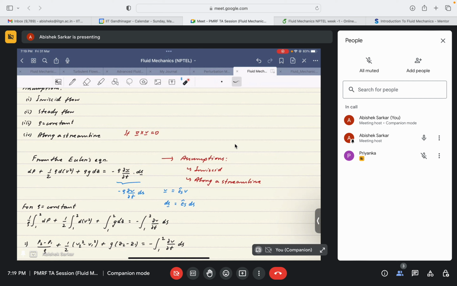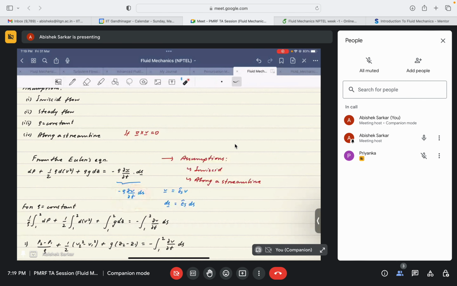The velocity is along a streamline, so along the streamline coordinate e_s, which denotes the vector along the streamline, we can denote the velocity vector in this form. So implementing this, we can simplify this term into this form.